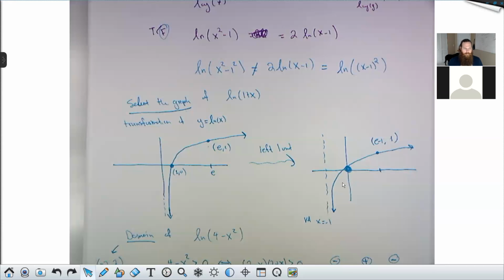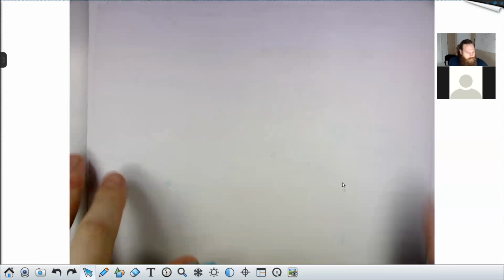Yeah, well, so in order to get the range, you need a good picture of the graph. That's the big thing. So these logarithm functions, they all have range, all real numbers. So you move it up or down, the range won't change. But exponentials, as you move them up or down, the range does change.